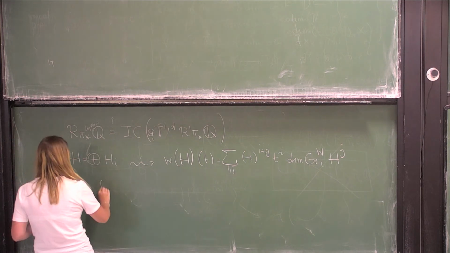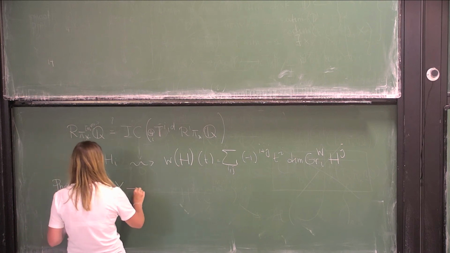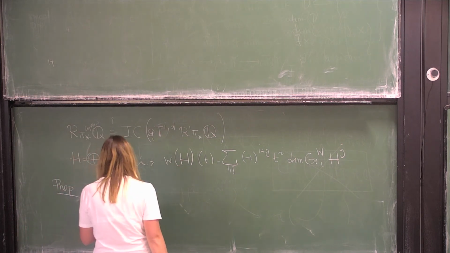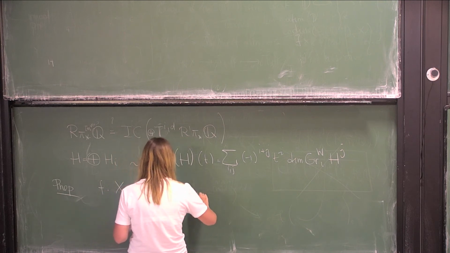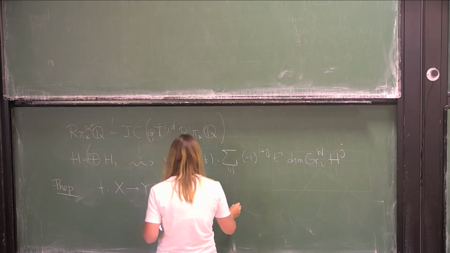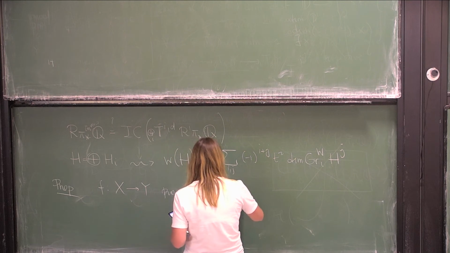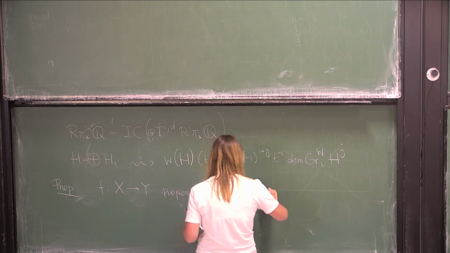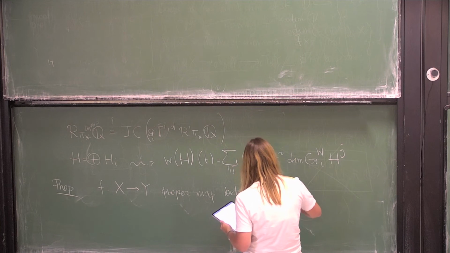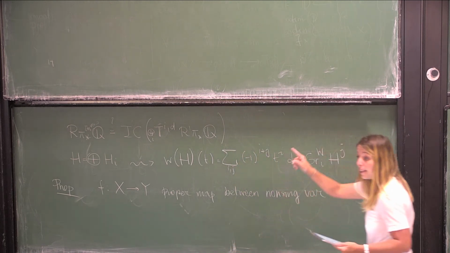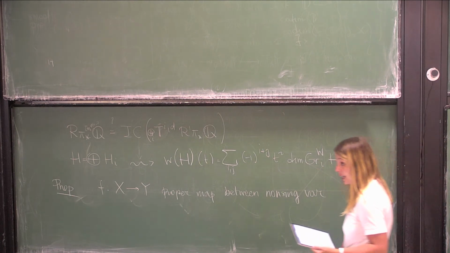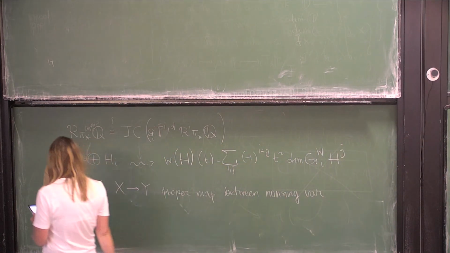So again, imagine you have a proper map, again, between two non-singular varieties. That's why we needed that the total space of our family is smooth.